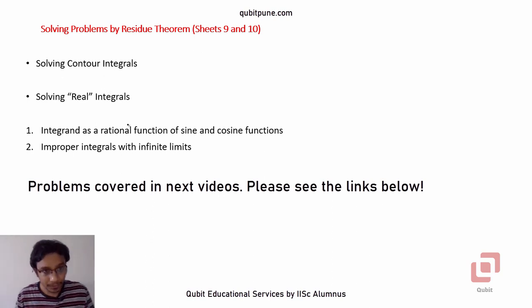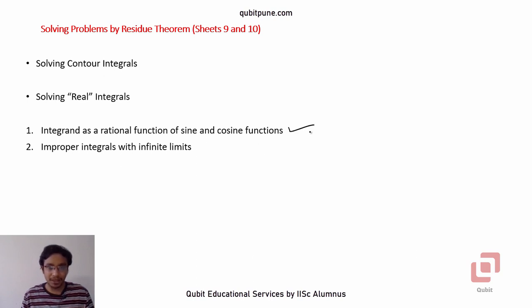We will be primarily focusing on two types which are more frequently asked. First is when the integrand is a rational function of the sine and the cosine functions. This is by far the most commonly asked problem type, and there are other problem types involving improper integrals which we will see later.